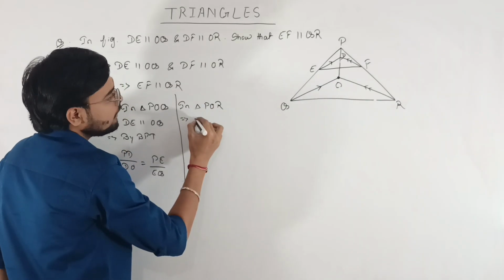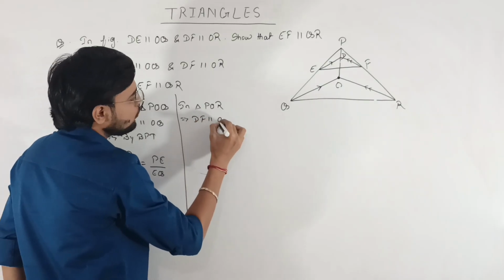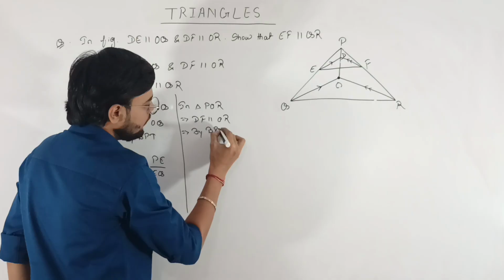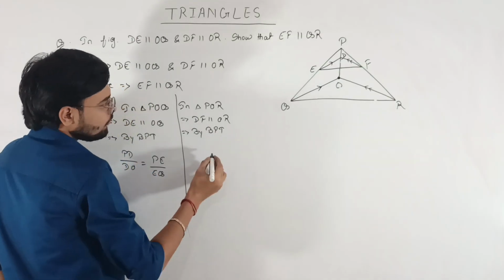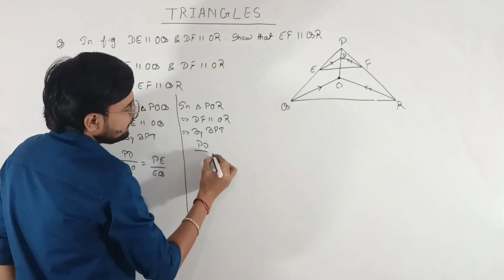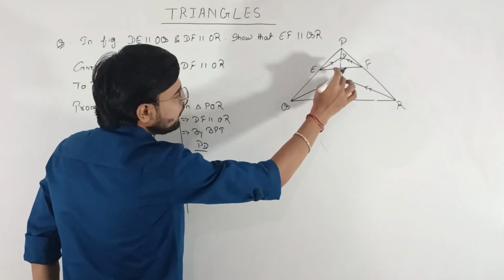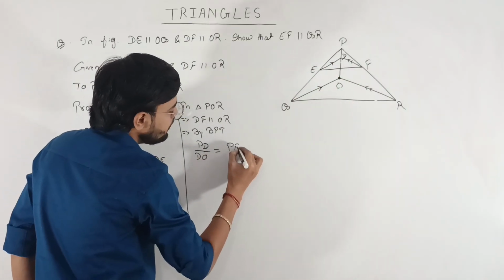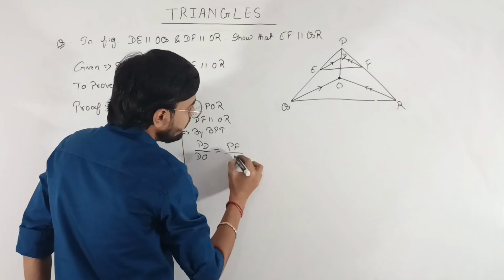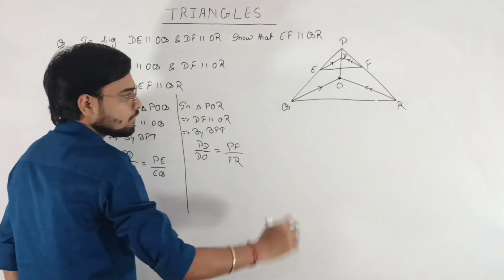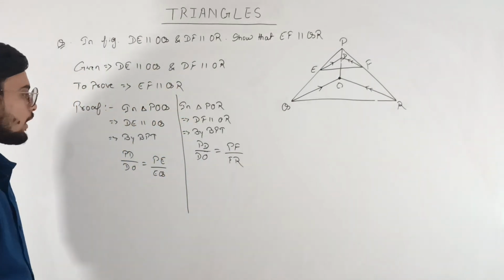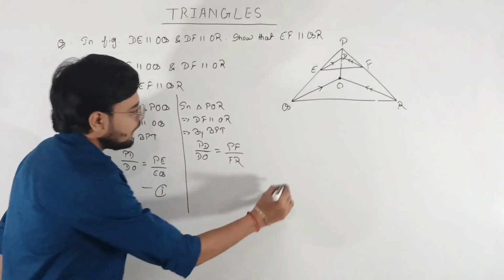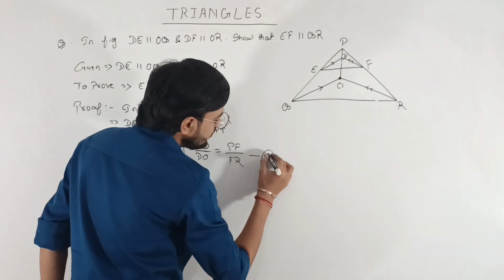Then by BPT, what do we write? PD upon DO is equal to PF upon FR. Now let us assume this is my equation first and this is my equation second.